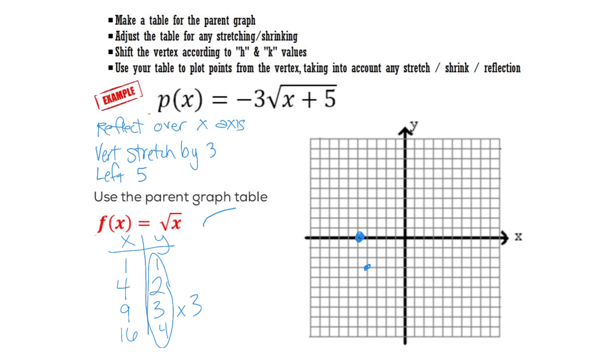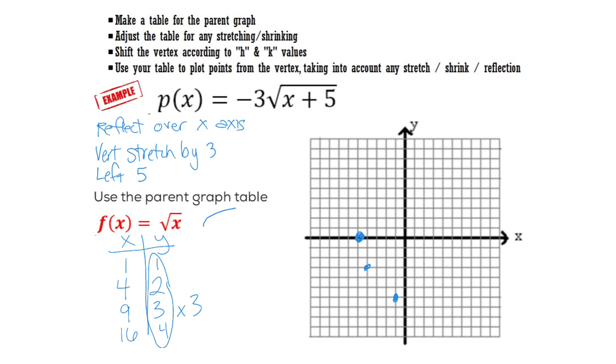Okie doke. Next point would be typically over 4, up 2. But I'm going to have to go 3 times that. Instead of going up, I'm going down. So I'm going to go over 4, down 6. It's going to take me to right there.